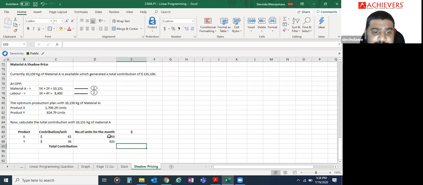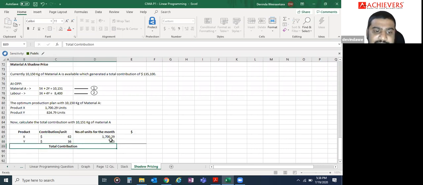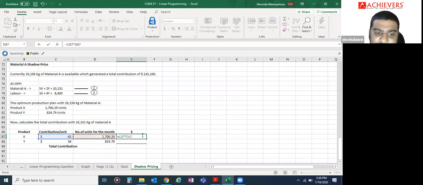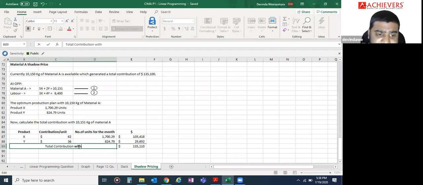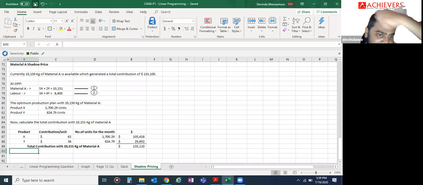Number of units of X will now be 1700.29, Y will be 824.79. So contribution will be X 62 per unit into 1700.29 and Y 36 per unit into 824.79. The total contribution will be the addition of these two, 135,110. So when I have 10,151 kilos of material A, my total contribution is 135,110.